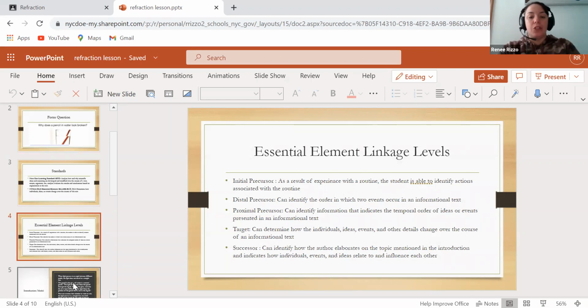Target: can determine how the individual's ideas, events, and other details change over the course of an informational text. Successor: can identify how the author elaborates on the topic mentioned in the introduction and indicates how individuals, events, and ideas relate to and influence each other.